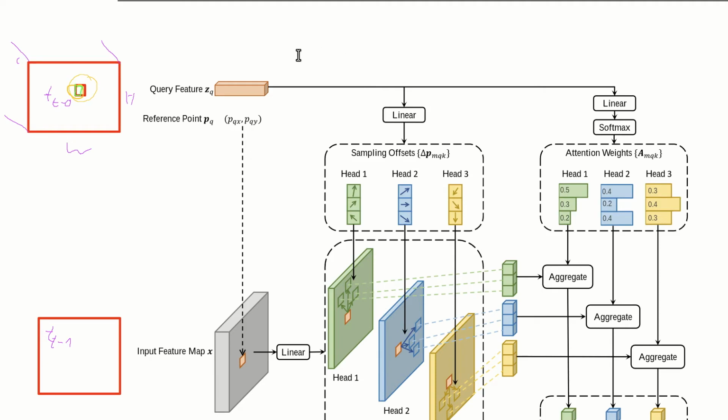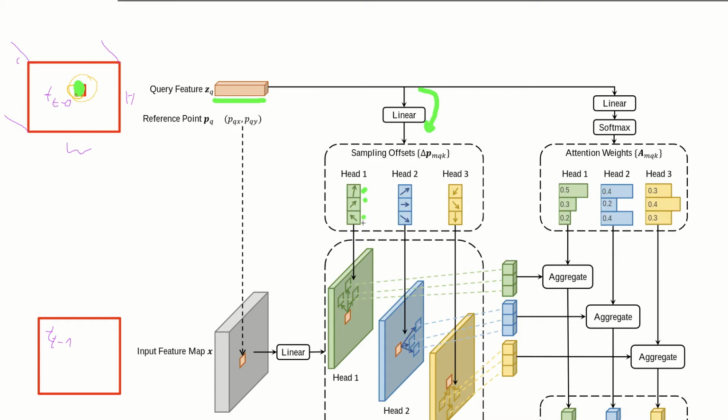Okay, but now one step after the other. We have our feature vector from our current frame, here in the middle. That feature vector gets into a linear layer and regresses these offset vectors.